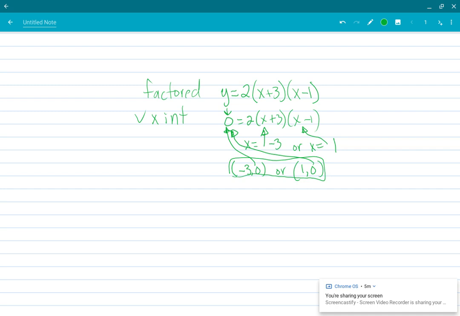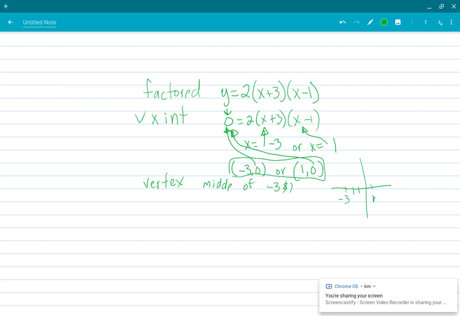All right, next, you're going to say, oh, I can find the vertex from here. For the vertex, you can say the middle of -3 and 1. You can kind of demo it like this, and I'll give you easy ones.